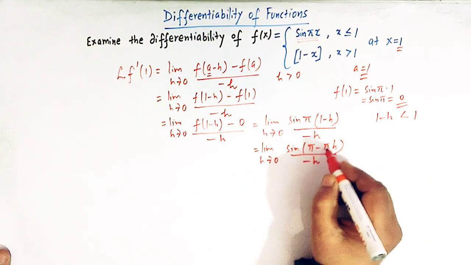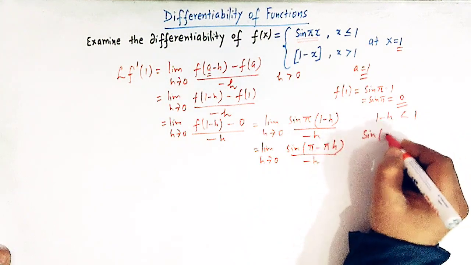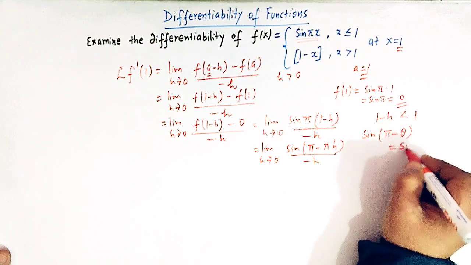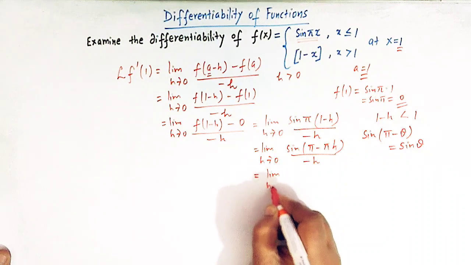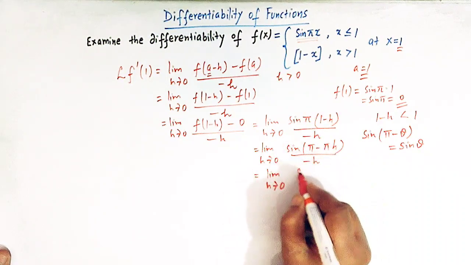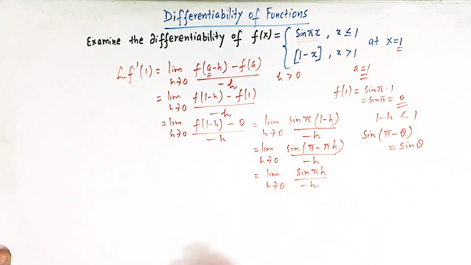Now here I will make use of one important result from trigonometry, that is the sine of pi minus theta is equal to sine theta, right? So we have limit h tends to 0, sine of pi minus pi h is equal to sine of pi h divided by minus h, right?